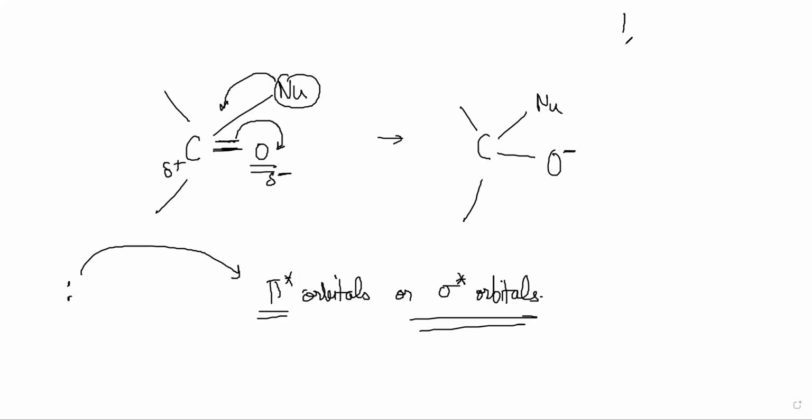The lowest unoccupied molecular orbital is a pi star orbital, because the pi bond here is the weakest bond. So think about it. If you have a molecular orbital chart, the sigma bond is stronger, so it will be lower. The stronger bond will be lower in the sequence. And the pi bond will be slightly upper because pi bonds are weaker.